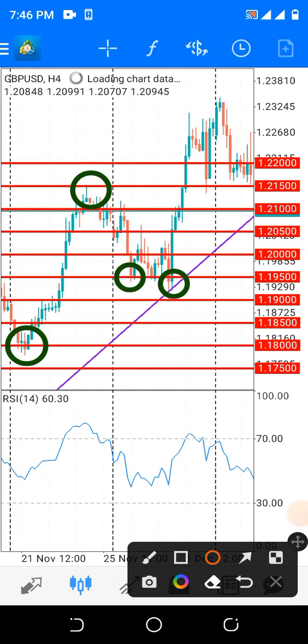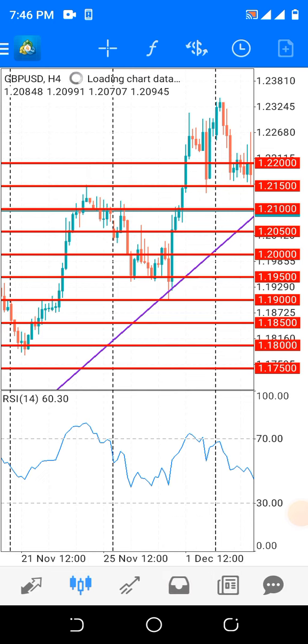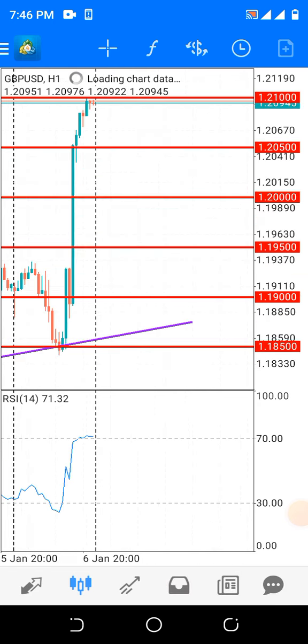Look at another psychological level here. So you see how the prices are obeying the psychological level of this particular pair. Do you understand? So this is GBP USDT. This is the perfect psychological level of this pair.